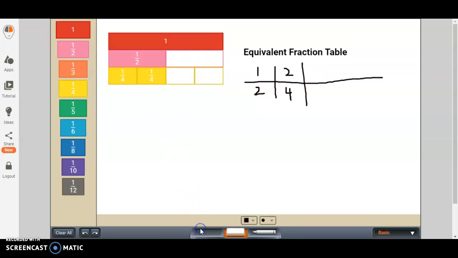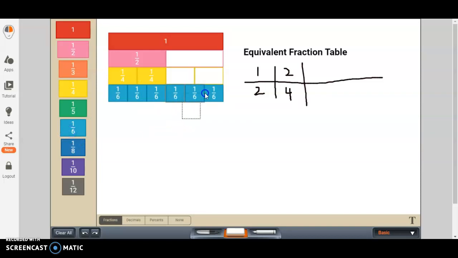Well, what would be the next step? It would be splitting my 1/2 into 3 pieces, which I know would be 6ths. So not only did I split this 1/2 into 1, 2, 3 pieces, but I also split the 1/2 I do not have into 1, 2, 3 pieces.